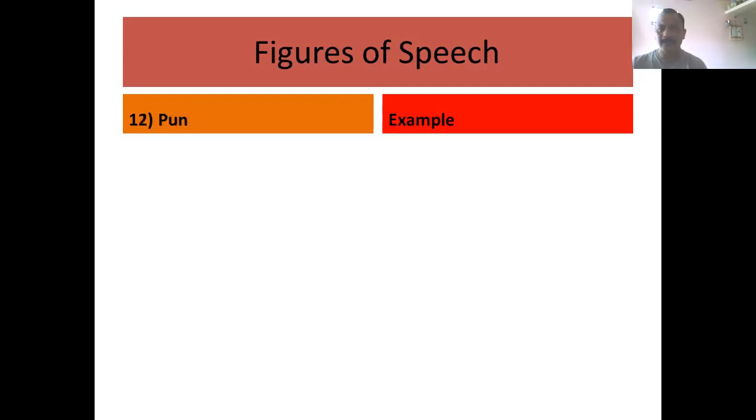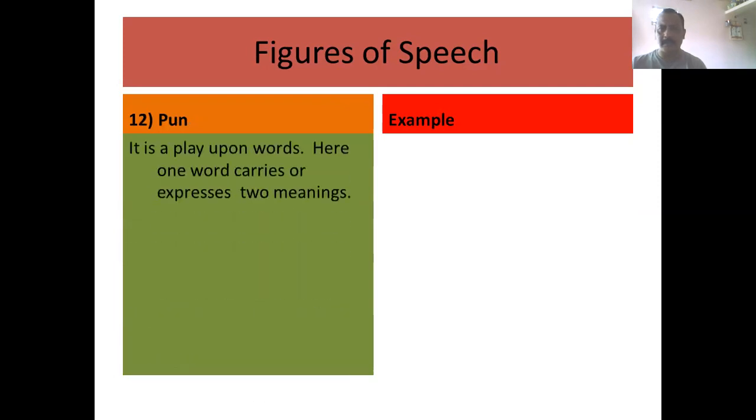Then the next figure we are going to see is pun. It is a play upon words. Here one word carries or expresses two meanings. For example, carry can mean I am carrying a bag with me, or the porter is carrying a heavy load on his head.